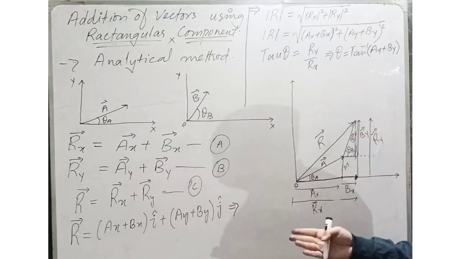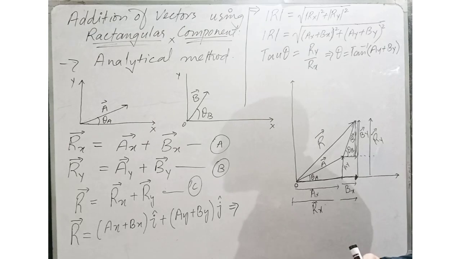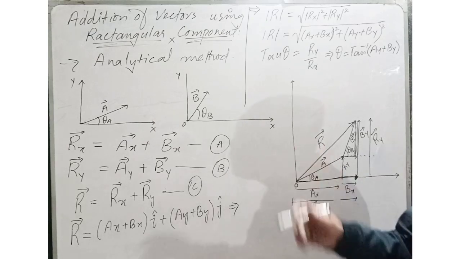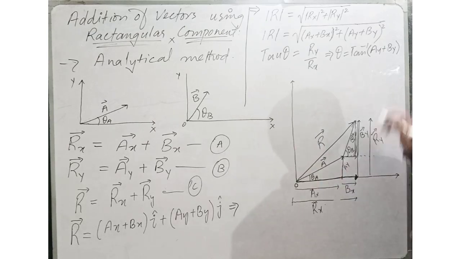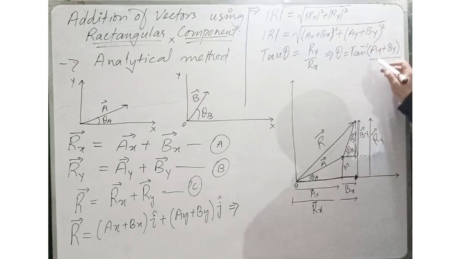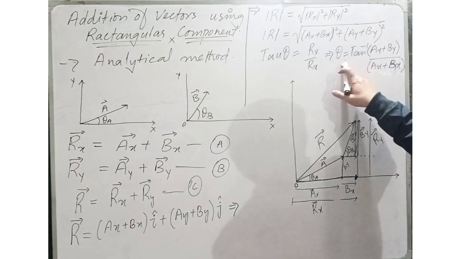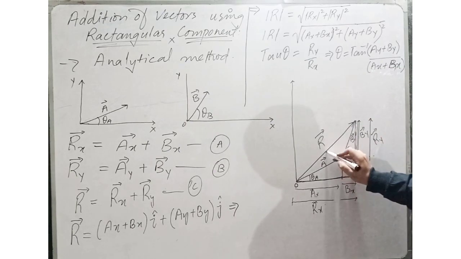We can extend this concept to 3 or more vectors, and even to a 3-dimensional coordinate system, right? So tangent inverse of Ay plus By over Ax plus Bx, right? So that's how we are going to find the angle theta r.